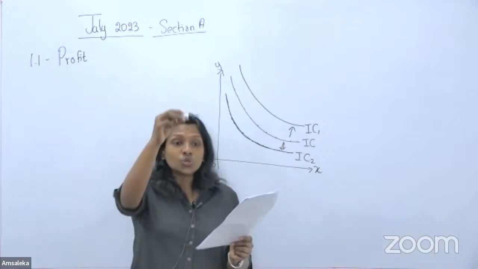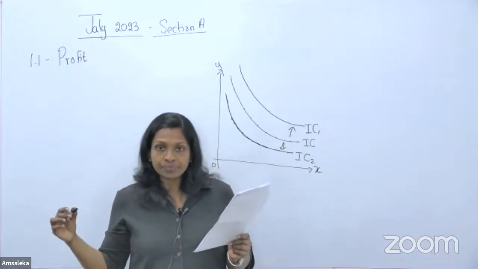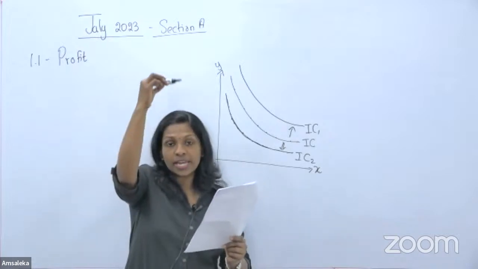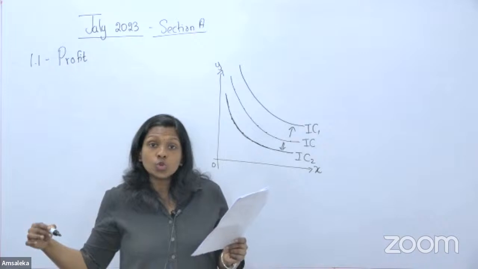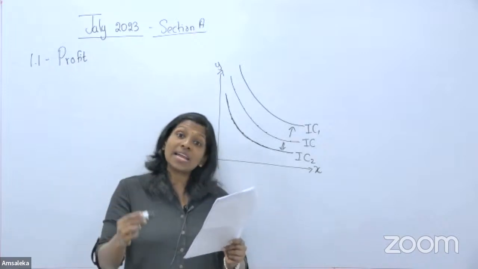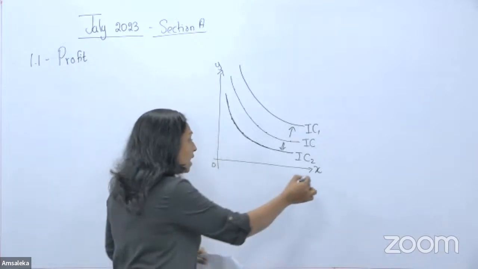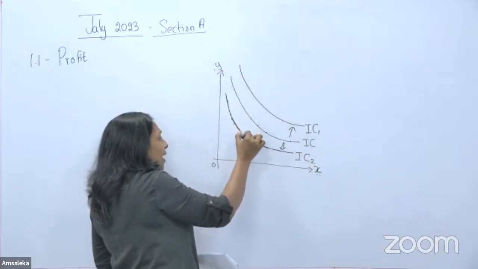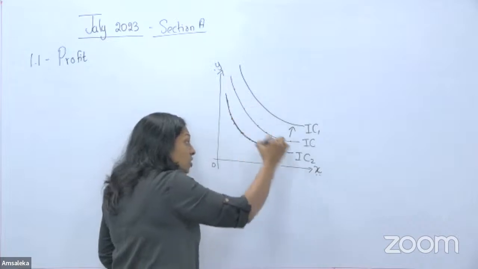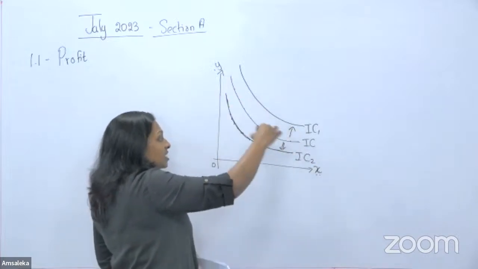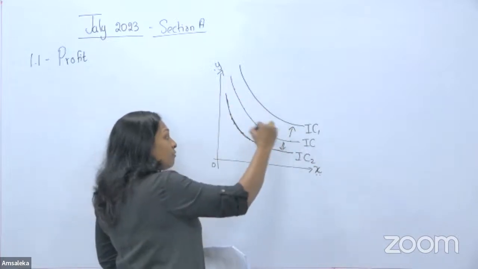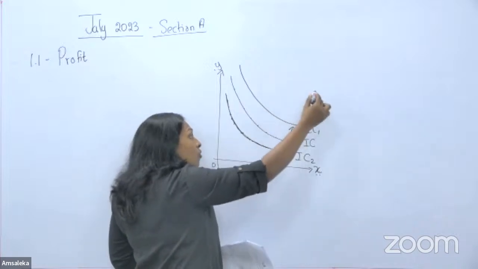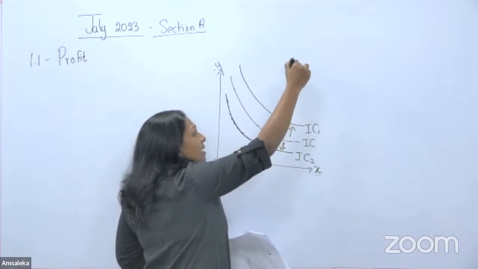Why the third one? Different combinations of two goods, but providing equal satisfaction. Whatever combination you take, along each indifference curve the satisfaction will be the same. If the indifference curve moves upward, satisfaction will increase.